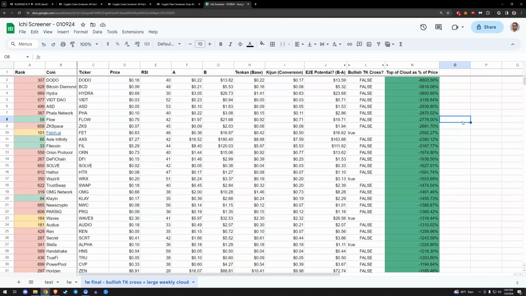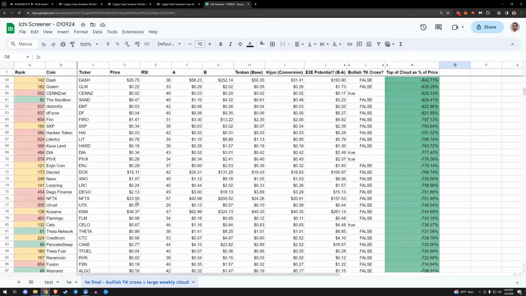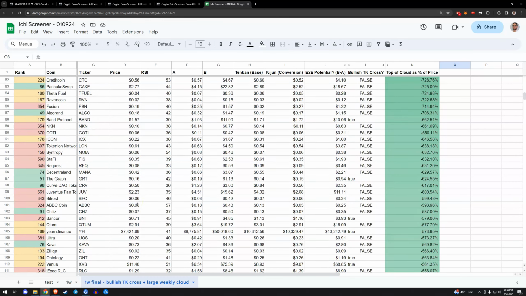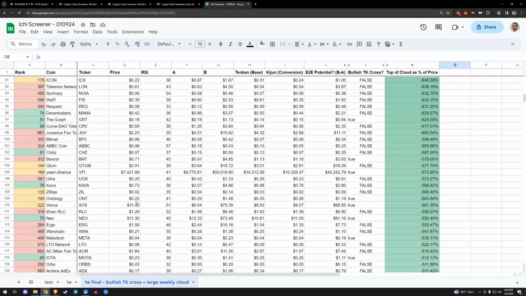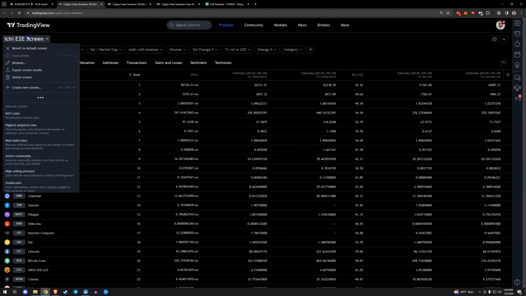End of day values is what you want, or end of week values. That's beyond the scope of this video, but this is a really quick and dirty and fun sort of way to just sift through everything all at once based on very specific parameters. And really the two keys here are they have the cloud settings I like, and you can pull the data off of TradingView using the export screen results button.